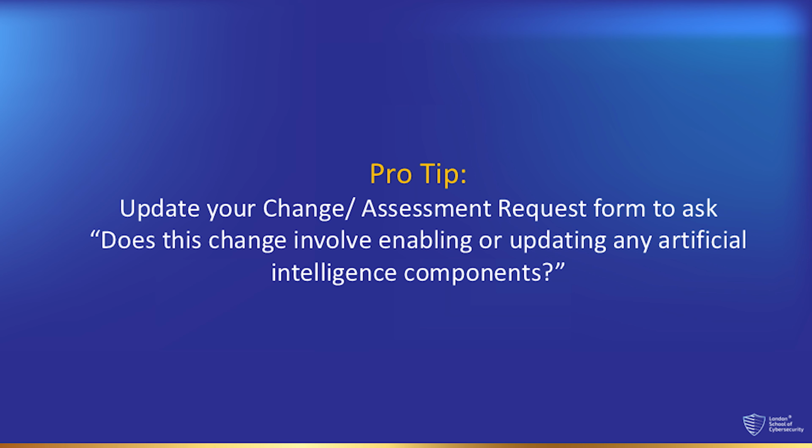There are tools that the businesses are probably already buying and have not told us. So a smart way of doing this is, while you develop your approach and learn more, reach out to your CAB, the Change Advisory Board, and ask them to add one basic question: Does this change involve enabling or updating any artificial intelligence components?